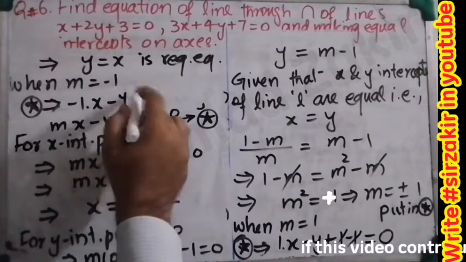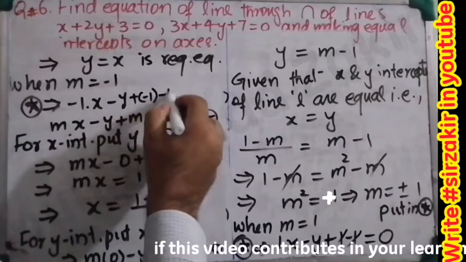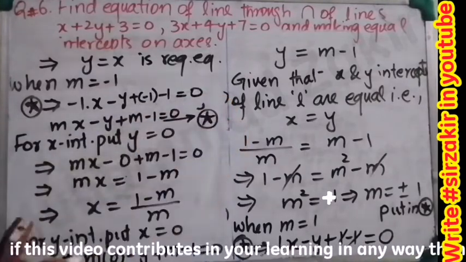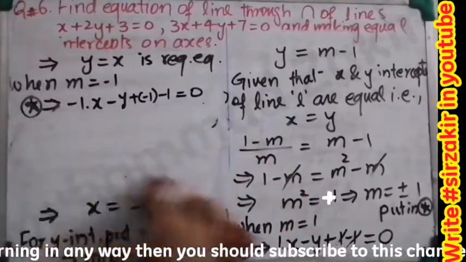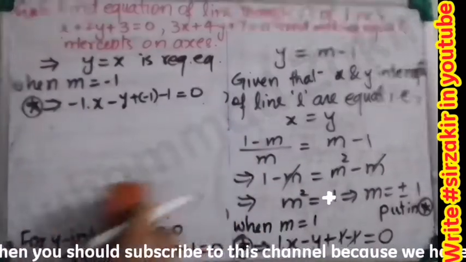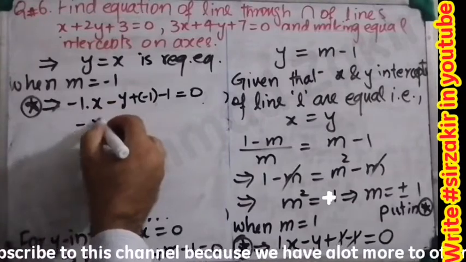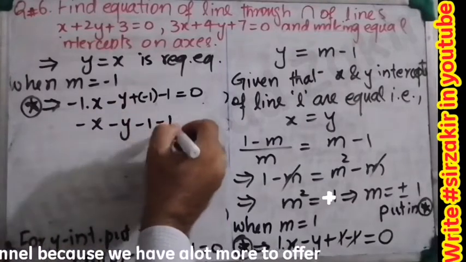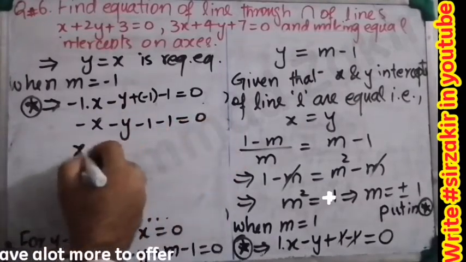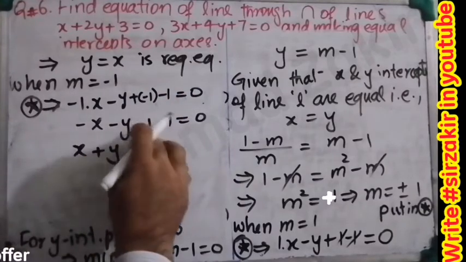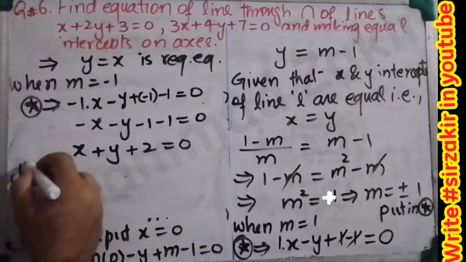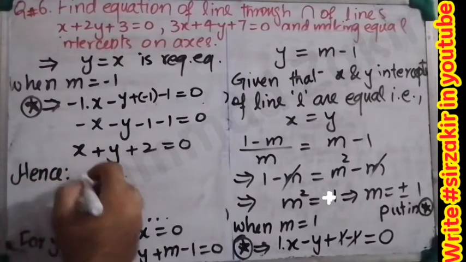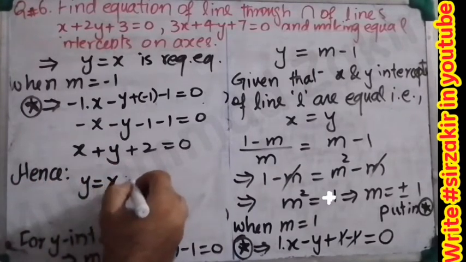So minus 1x minus y plus minus 1, the value of m, minus 1 equal to 0, and then it will be simplified to get the standard form equation of line L. Minus x minus y minus 1 minus 1 will become minus 2. Every value is negative on the left side, so it will be positive on the right side. So x plus y plus 2 equal to 0 will be on the right side. On the left side, obviously, it will be 0.